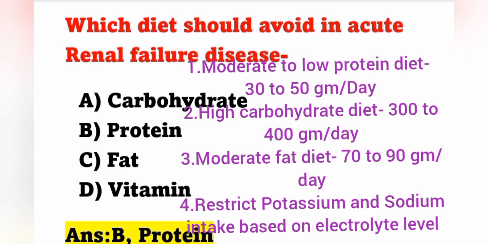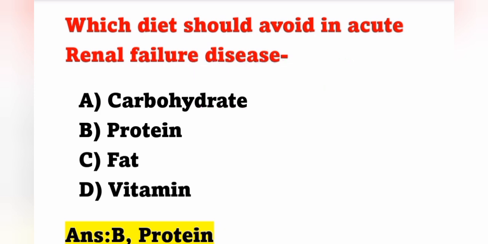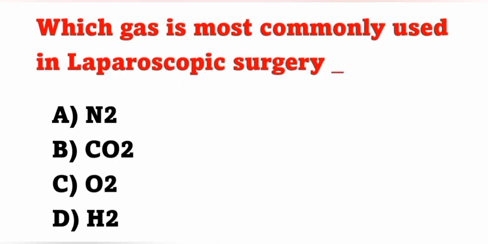The patient should also take a high carbohydrate diet, about 300 to 400 gram per day, and a moderate fat diet. Fat should be 70 to 90 gram per day, and restrict potassium and sodium intake based on the serum electrolyte level.